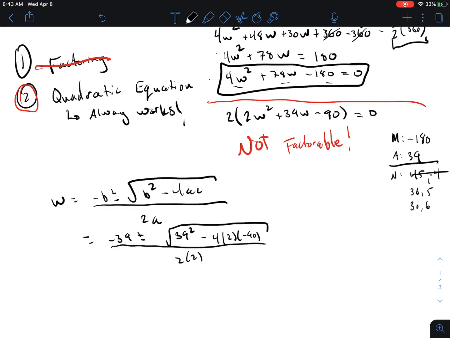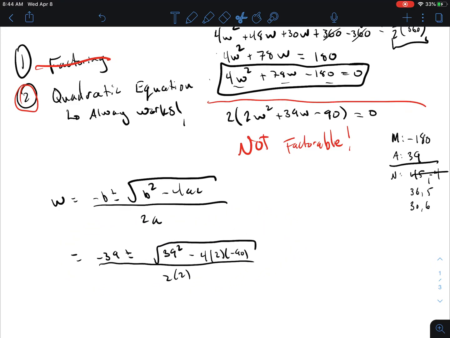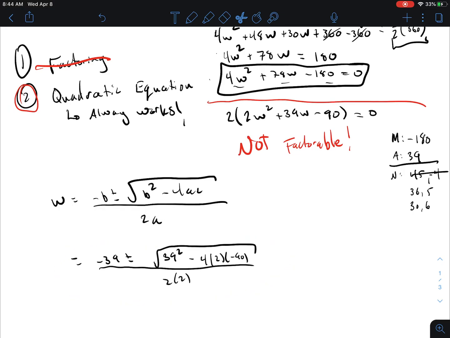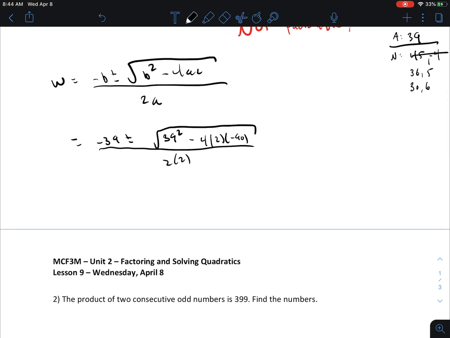Move this down, and then all of that's divided by 2 times 2. Give ourselves a little bit of space. And then we'll just do the math on that.